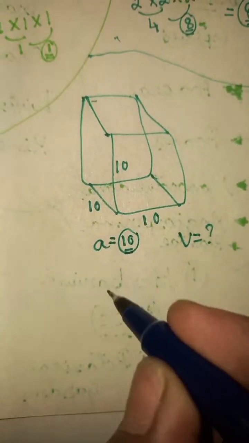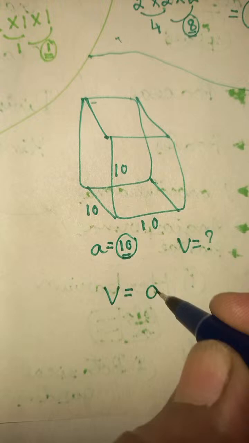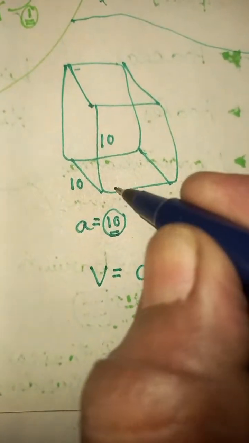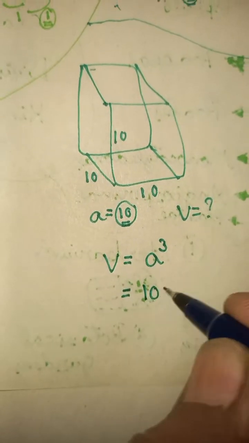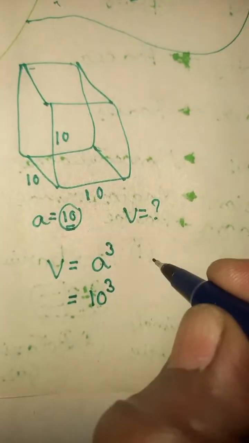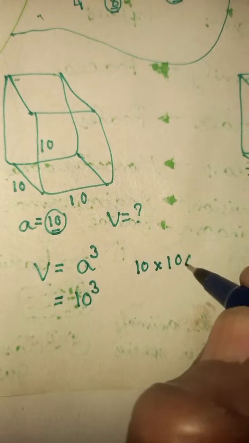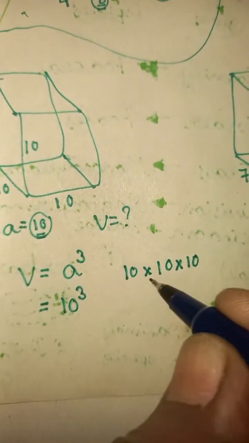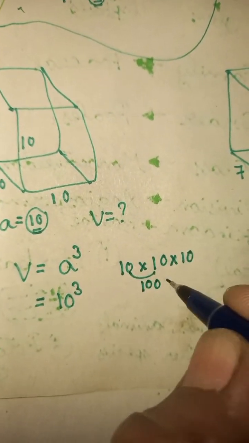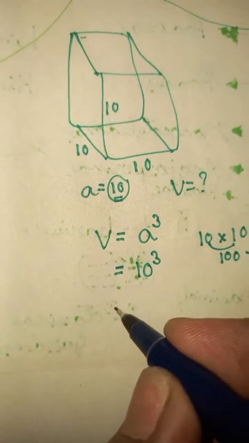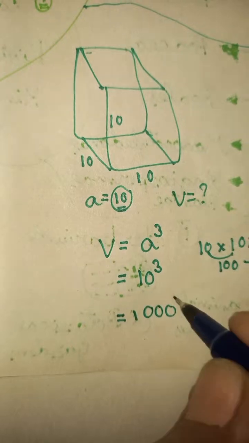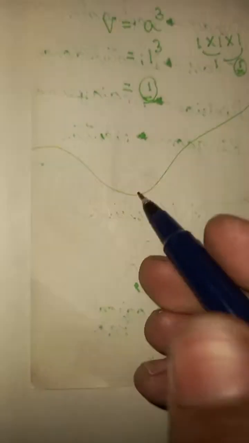The volume of this cube is going to become edge length cubed, so it becomes 10 cubed. 10 cubed means 10 times 10 times 10. 10 times 10 is 100. 100 times 10 becomes 1000. So the volume of this cube becomes 1000 cubic units.